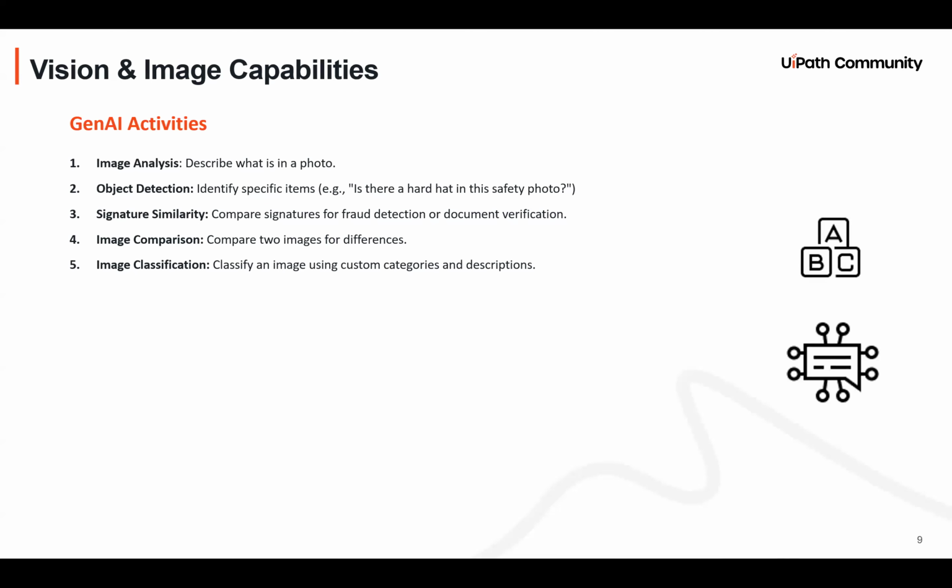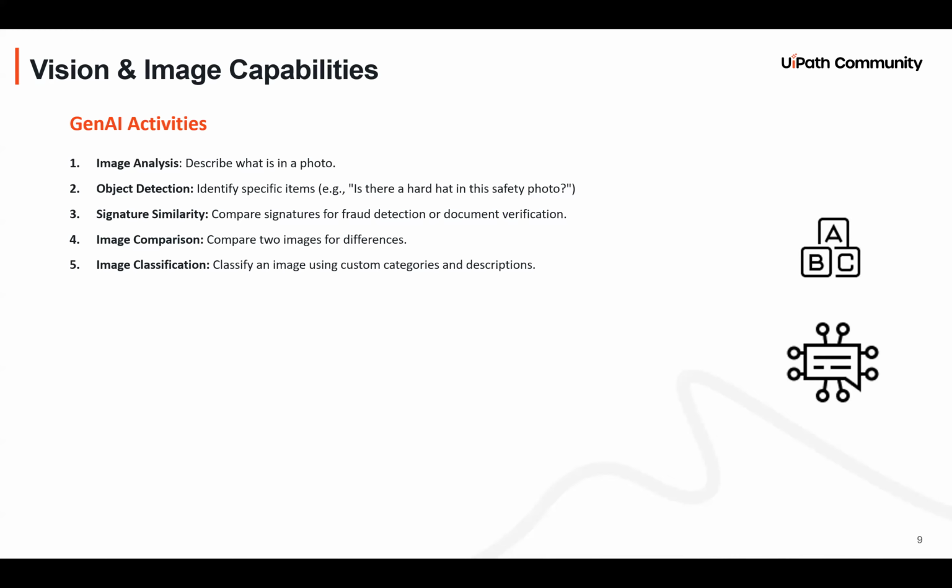Then we have the vision and imaging capability. You would have noticed that in AI Center, if you are aware of AI Center in Orchestrator or the cloud platform, previously we had the out of the box models. Those models were hosted by UiPath and readily available for these kinds of capabilities.